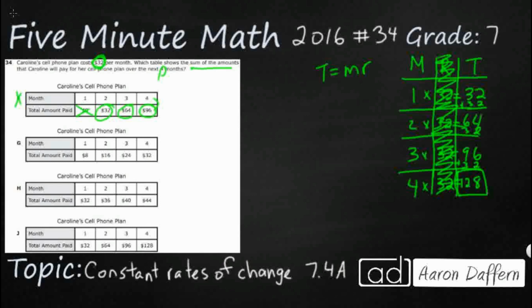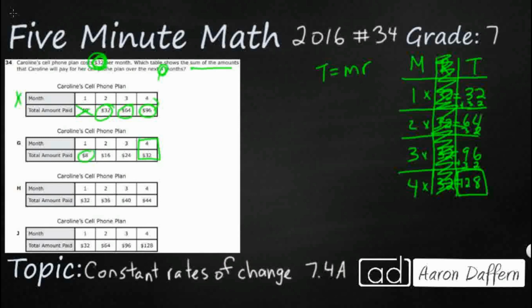G is kind of interesting because if you're not really reading it correctly, this does make a little bit of sense. If you're just looking at 32 and 4, yeah, then that's what we got right here, a 32 and a 4. But what they did is they used a rate of $8 a month.